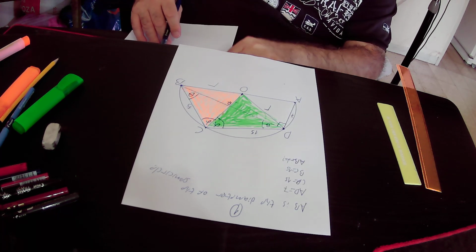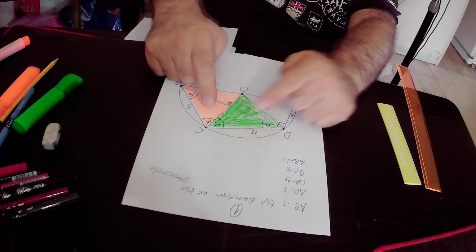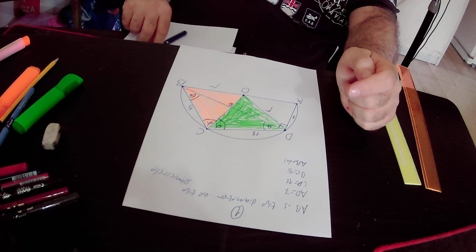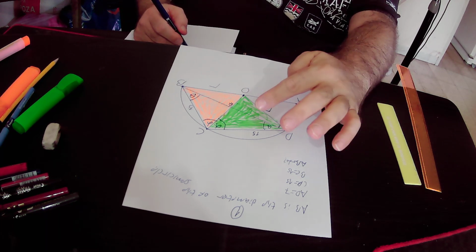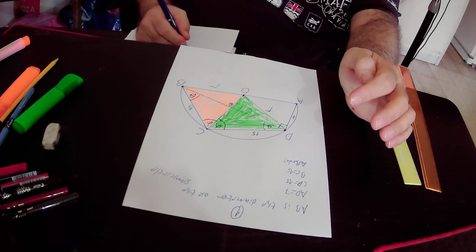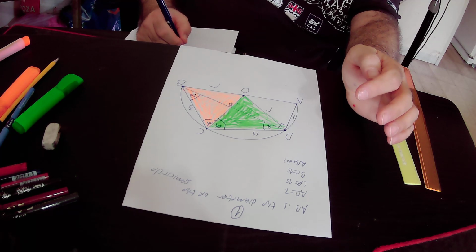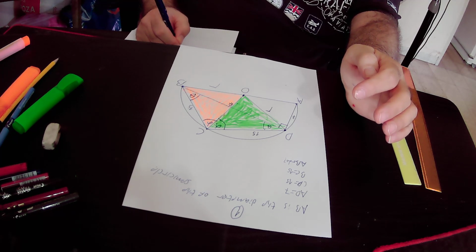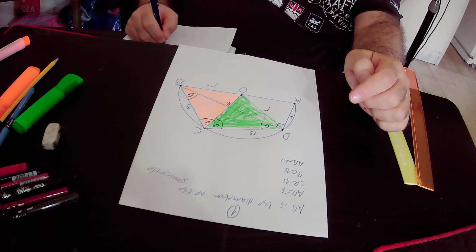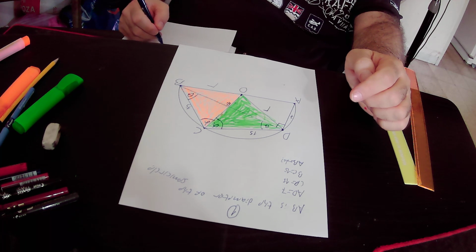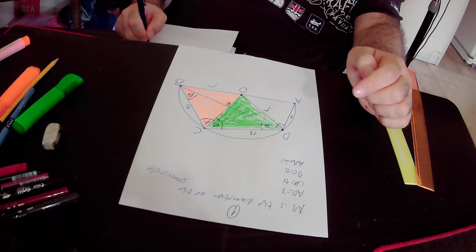And also those two angles are equal to each other, so angle DCE in the green triangle is equal to angle ECB in the orange triangle.